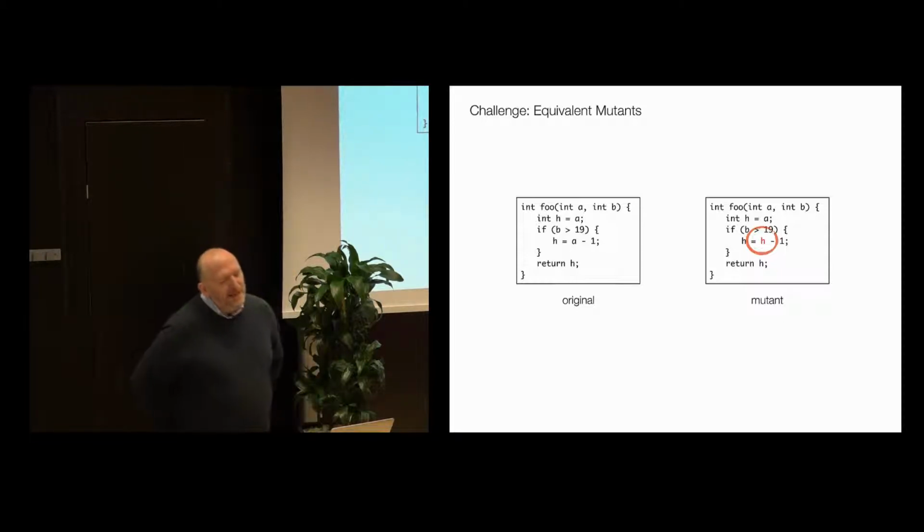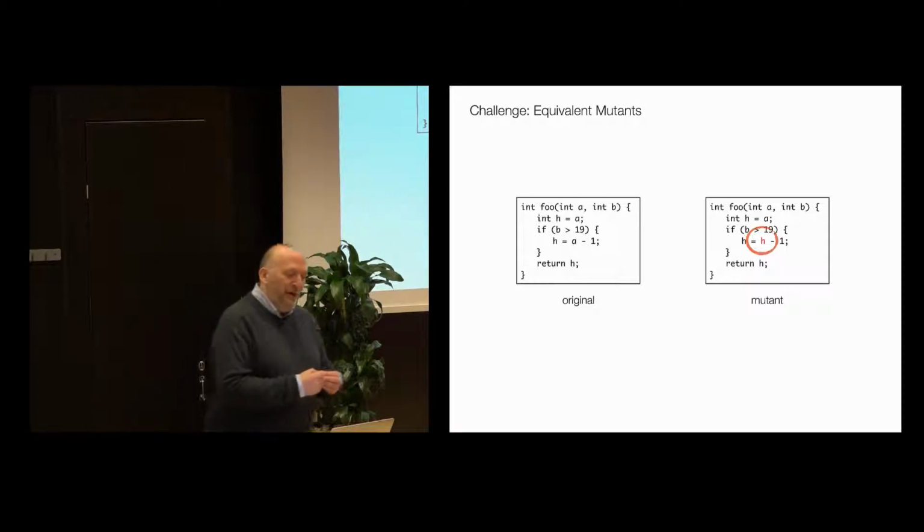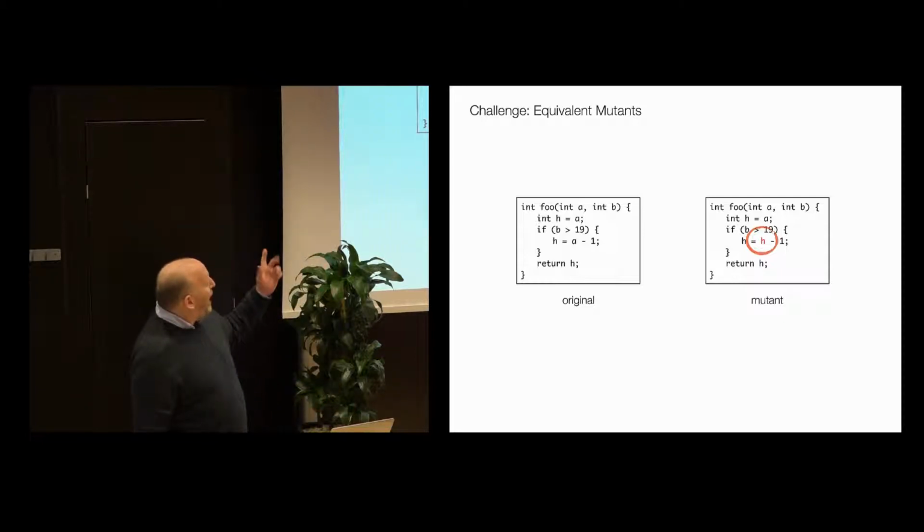The other problem is, in practice, it sometimes doesn't matter, but what we want from a mutant is that we can find test cases which give different outputs. But you can make some changes to code where it's the same as the original program. You can't always guarantee that a mutant will result in a program which behaves differently from the original. So in this case, I changed the variable A to H, but because I set H to A two lines above, it's the same program.